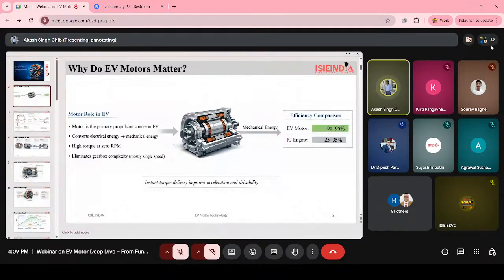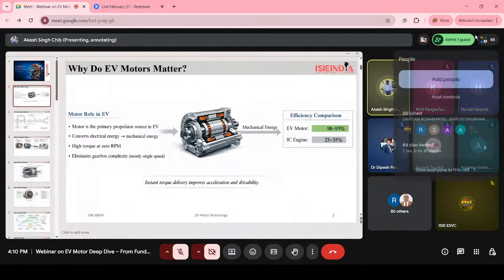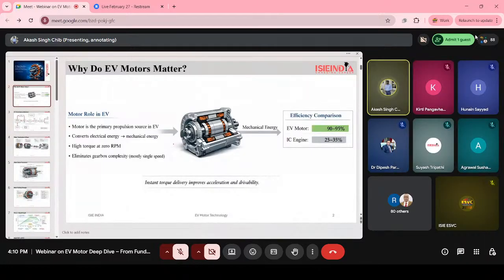It has only a single-speed gearbox, fitted in the transmission system below the vehicle and connected to the wheels. And the instant torque delivery improves our acceleration and drivability, okay.